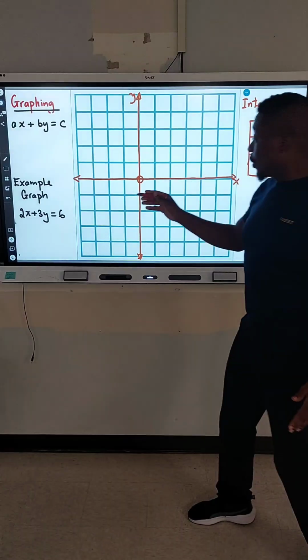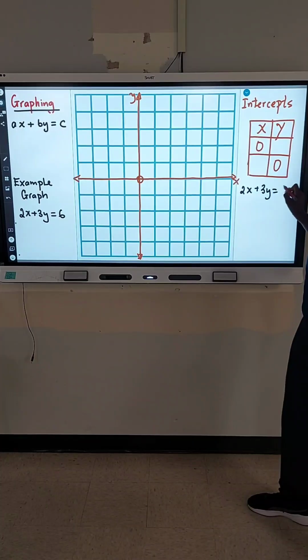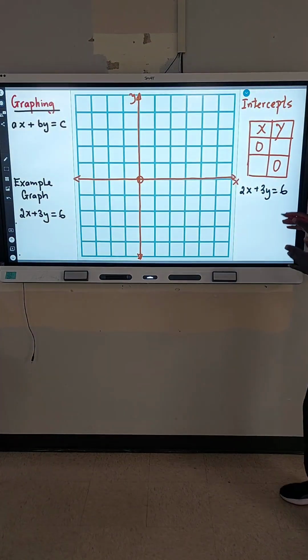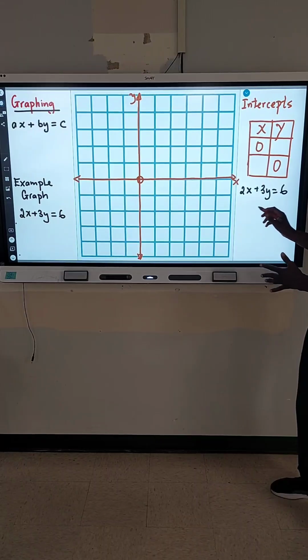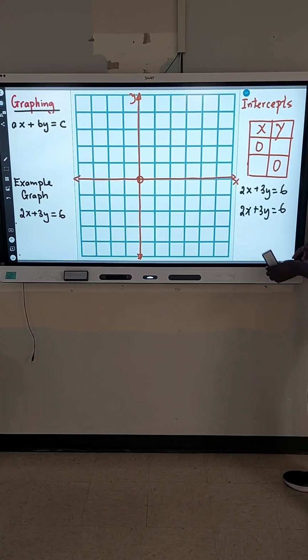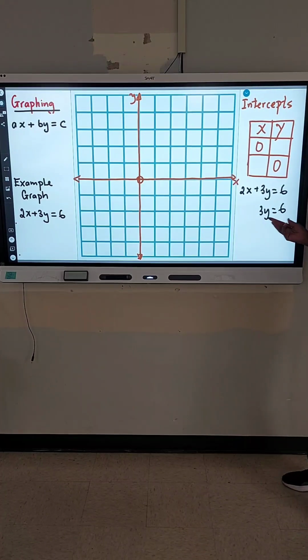So, considering the equation 2x plus 3y equals 6, imagine that x is 0 in this equation. If x is 0, then this is what happens. X is 0 means 2 times 0 becomes 0, so the x term disappears. This is what we have: 3y equals 6.